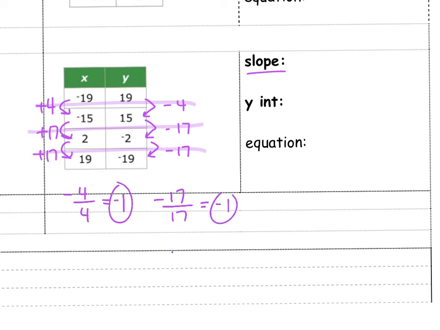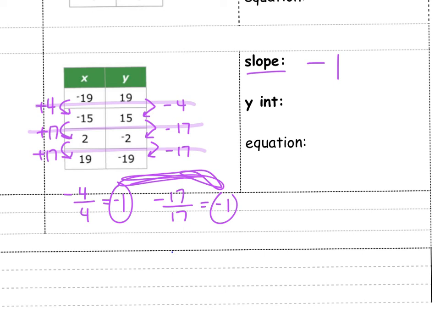So even though our graph changed by different values, the slope was still the same. In both situations, I had a slope of negative 1. So it might not always change consistently, but it's still going up by that same rate or that same slope. You need to make sure you check that though, because sometimes it may not change correctly and it might not be a linear graph.